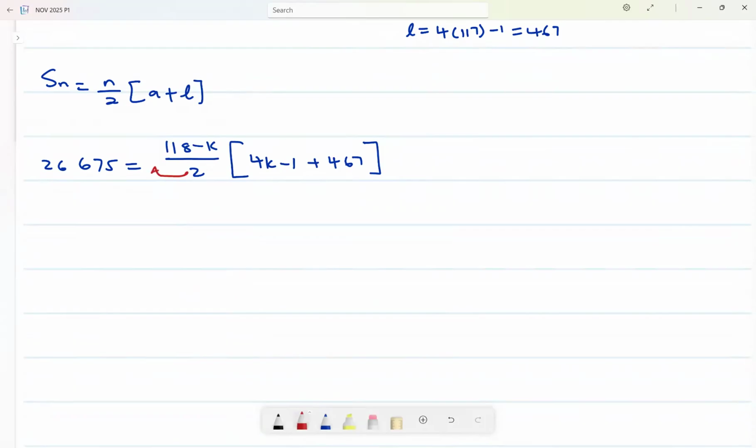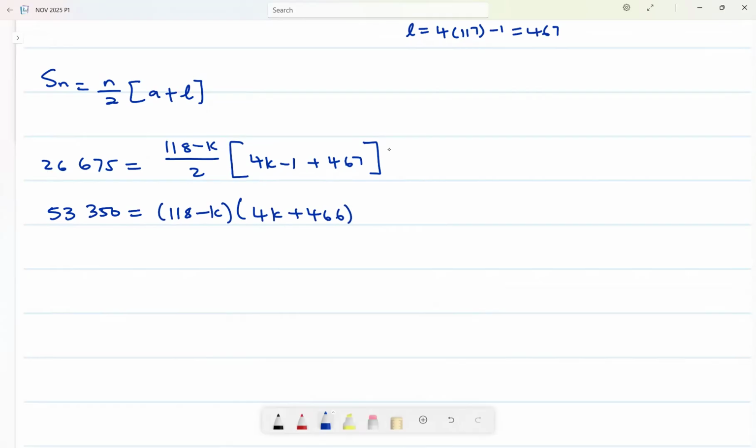I can multiply the 2 to the other side. When I do that, I have 26,675 multiplied by 2, which is 53,350. It is equal to 118 minus K outside, and inside the bracket I have 4K plus 466.